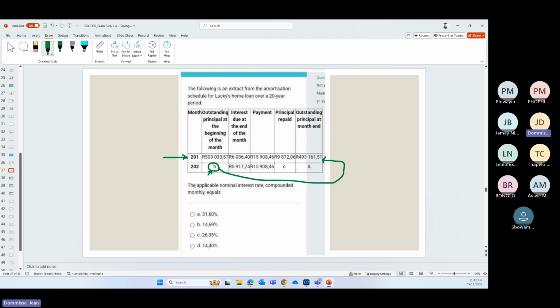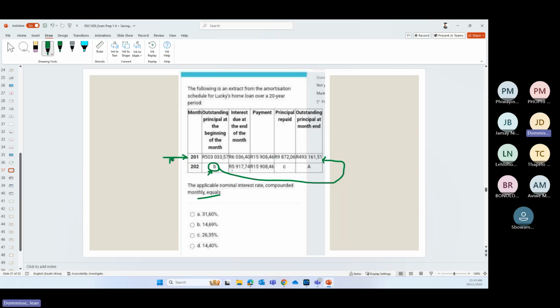So let's see. The applicable nominal interest compounded monthly equals. Okay, so now they ask us basically what is that monthly interest rate that we are paying. Again, the easiest for me to do that is, it's interesting because we can work it out on that question.